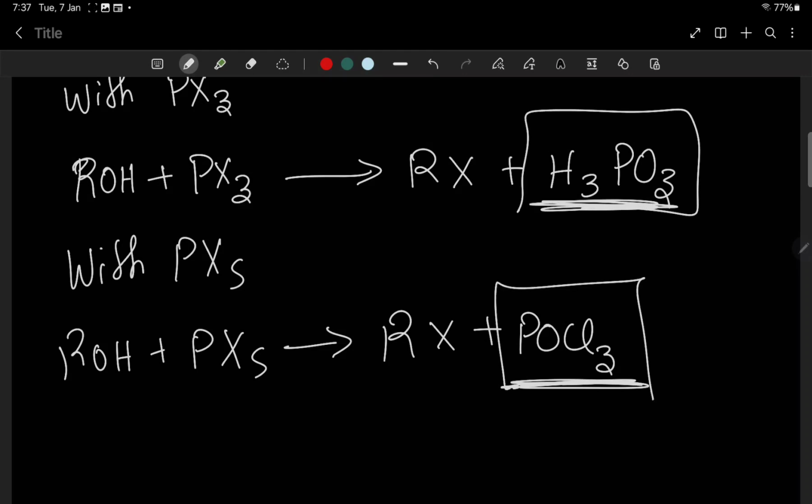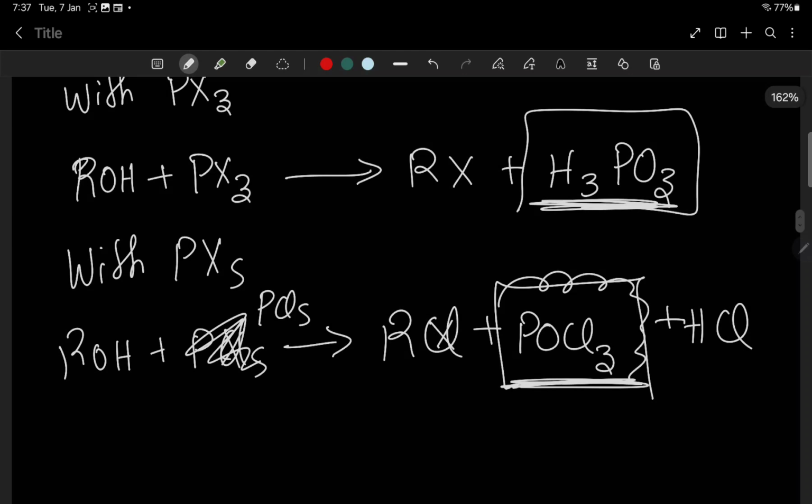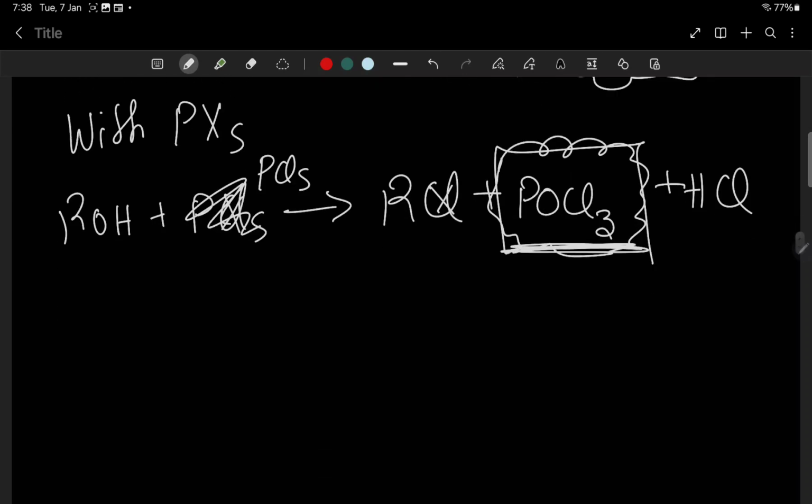Here we get POCl3 plus HCl. Usually we use chlorine, so it is PCl5. We get RCl, POCl3, HCl. Very important, POCl3 is a byproduct. But if we use PCl3, we get H3PO3 as the byproduct.